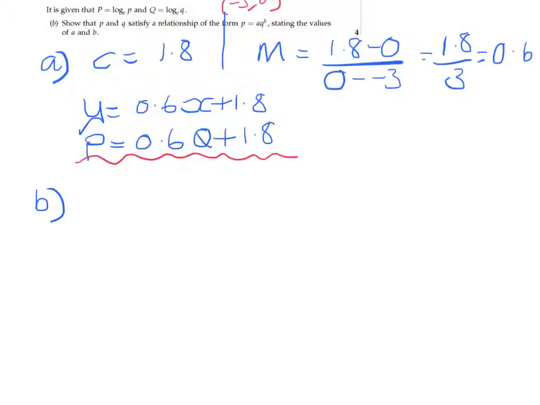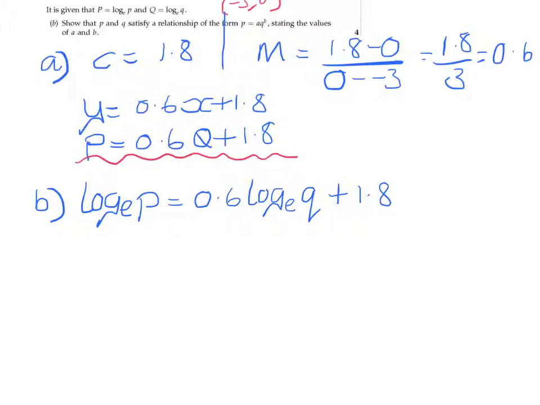So instead of p, I'm writing down log base e of P. Instead of 0.6q, it's 0.6 times the log base e of Q plus 1.8.